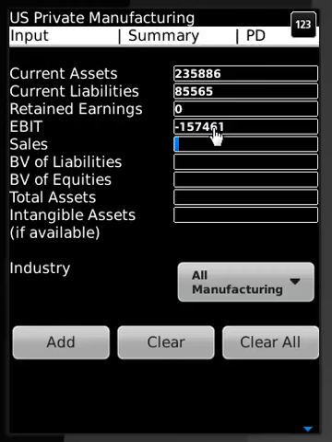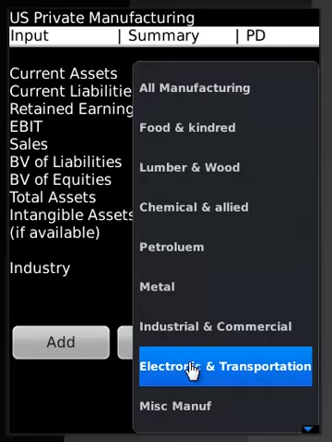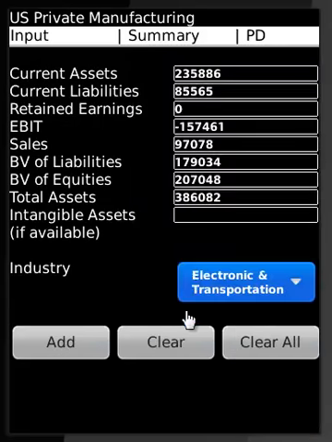Sales is 97078, and book value of liabilities is 179034. Your book value of equity is 207048. Total assets is 386082. This is in the electronic and transportation sector.